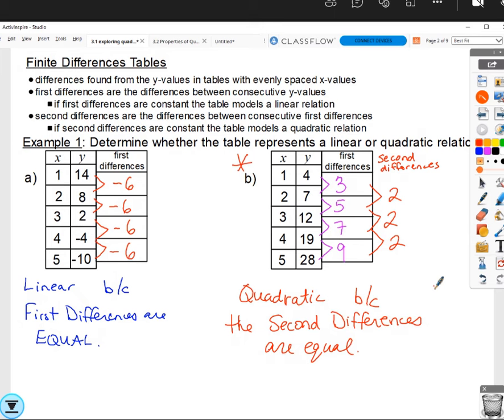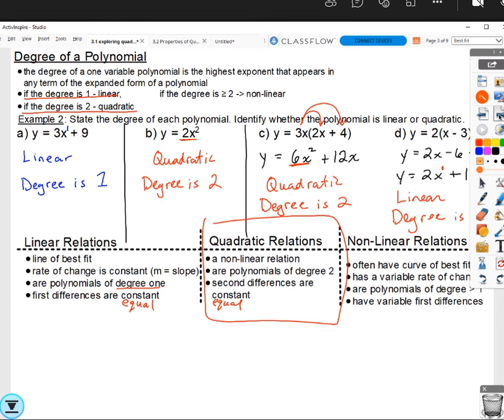You see they're increasing by 3, by 5, by 7, by 9. And at that point, your grade 9 brain is telling you it is not linear. But now your grade 10 brain is going to kick in and say, oh, well, look at the second differences. And we know that when the second differences are constant or equal, it's a quadratic relationship.